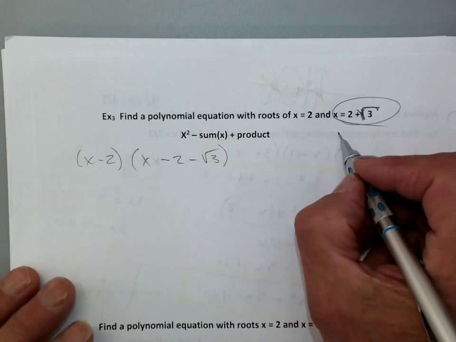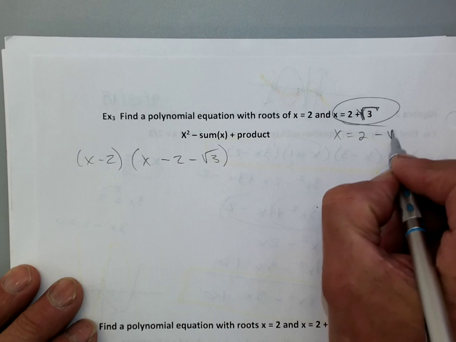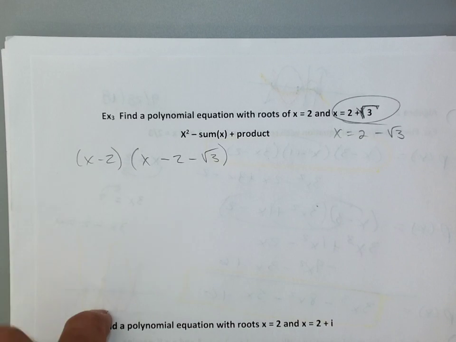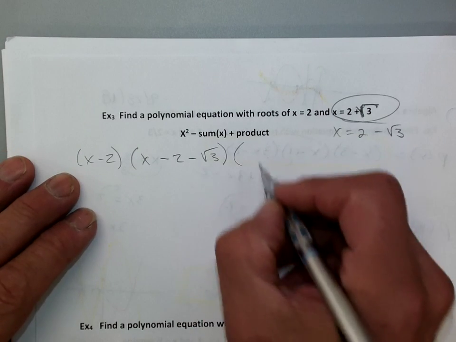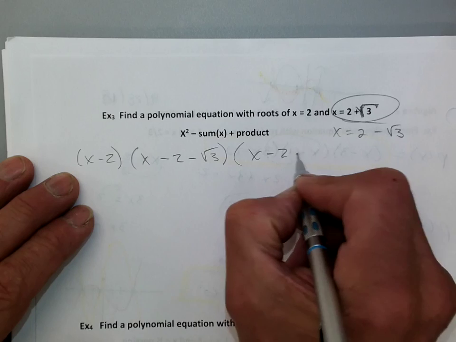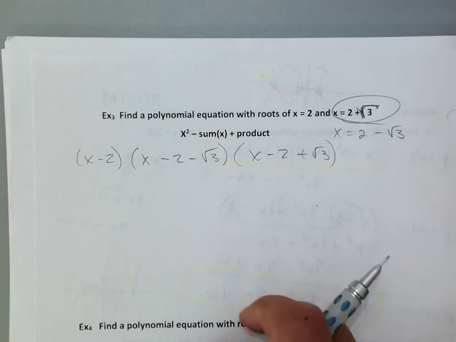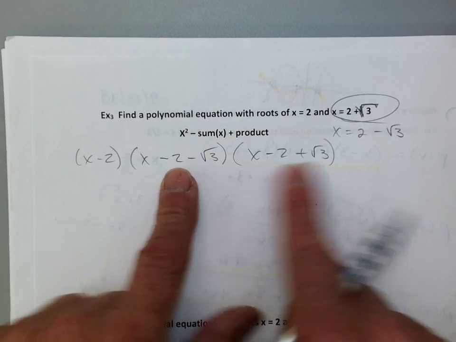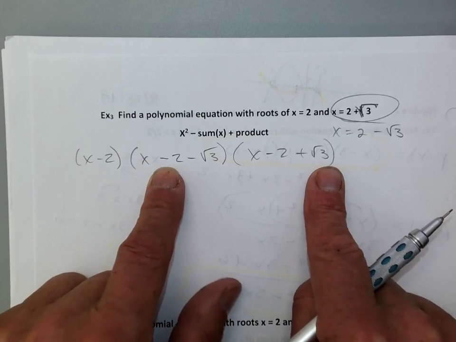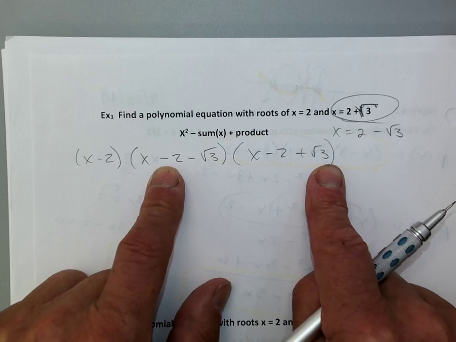So there's also an x equals 2 minus the square root of 3, okay? Don't write this down. So then I'd have an x minus 2 plus the square root of 3. And that's a mess, isn't it? And then you'd have to multiply this out to get it, right? And we can. Don't write this down.